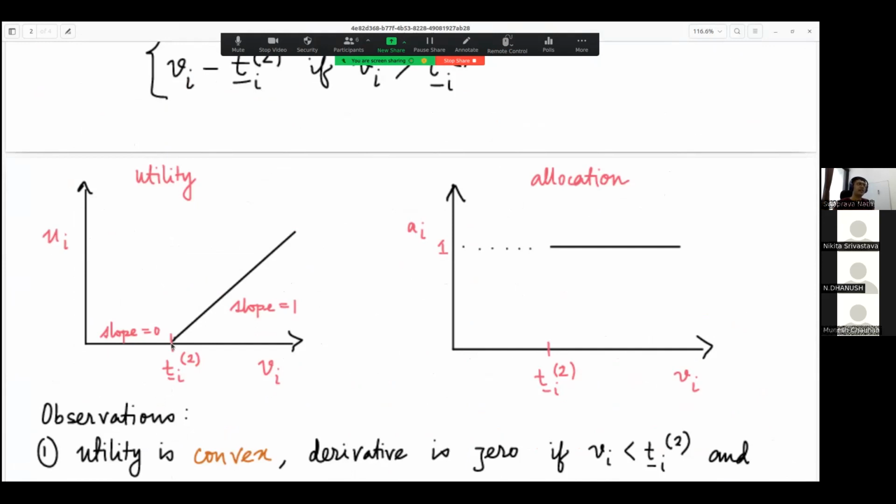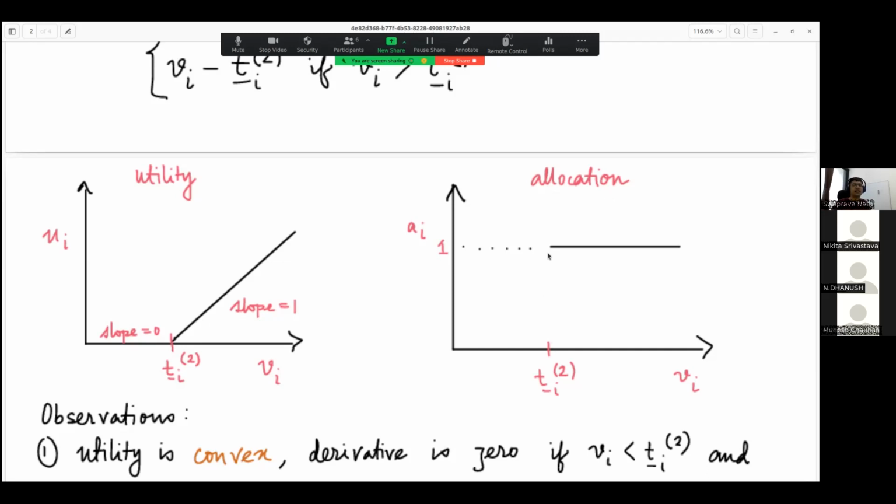The slope at this point can be any number between 0 and 1. So when you look at the allocation space, you can accordingly choose any number between 0 and 1 and call that the allocation for agent i.